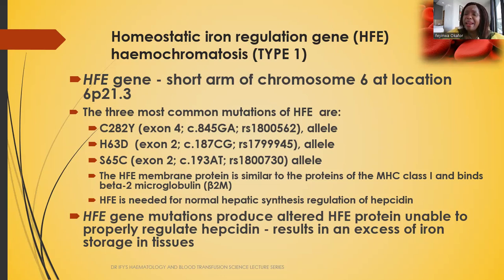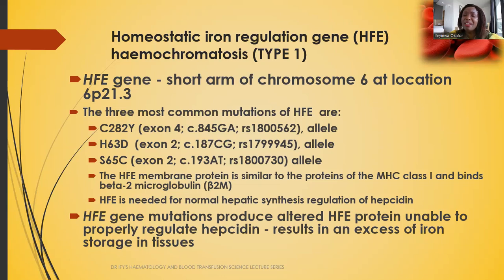So any alteration in synthesis or regulation of hepcidin will surely affect iron absorption. So the HFE gene is needed for normal hepatic synthesis and also regulation of hepcidin protein.